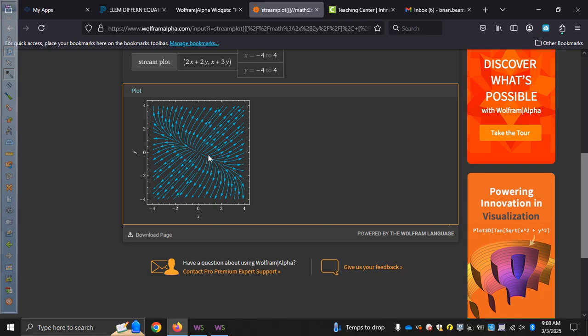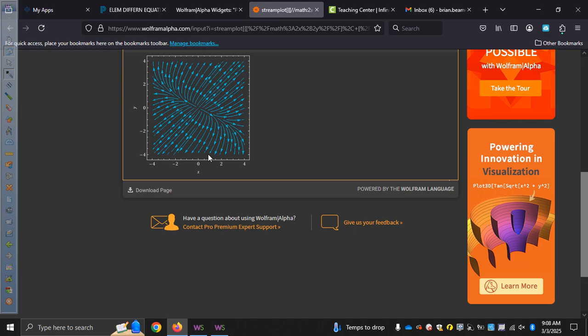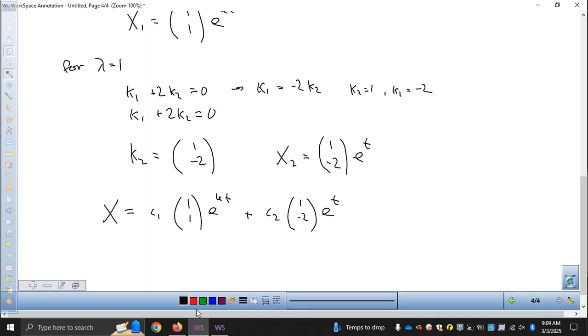So the phase portrait gives you an indication of how your solutions are going to behave, and what the graphs of your solutions look like. All right, questions so far? All right, let's look at another example.